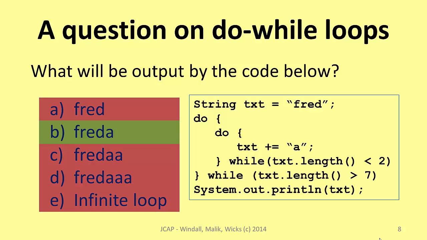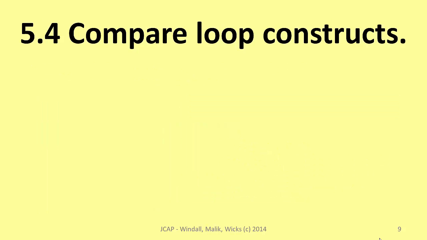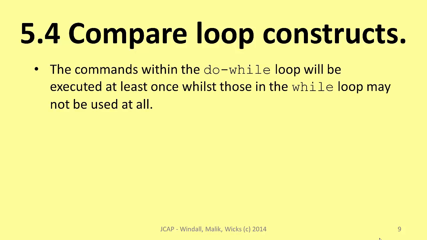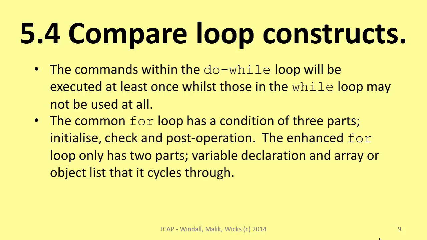Now, let's move on to the next topic, comparing loop constructs. The commands within the do-while loop will be executed at least once, whilst those in the while loop may not be used at all. The common for loop has a condition of 3 parts: initialize, check, and post operation.